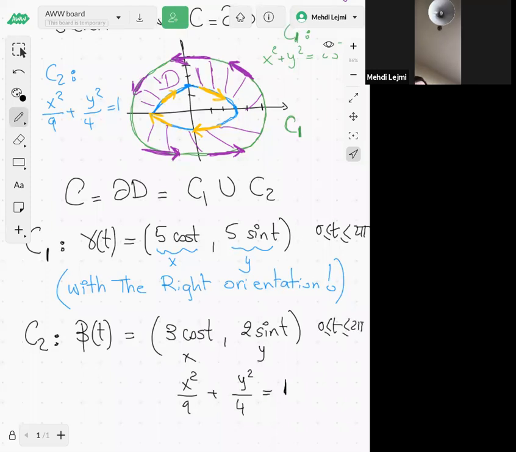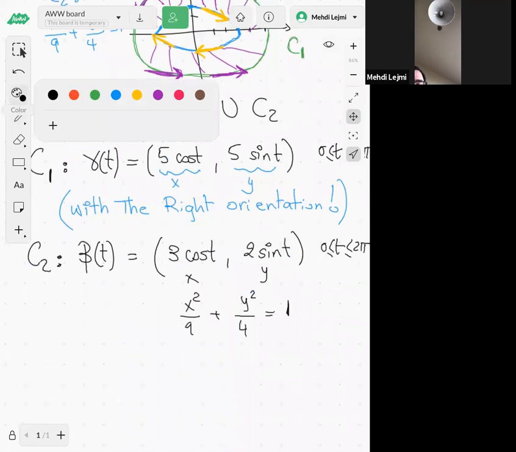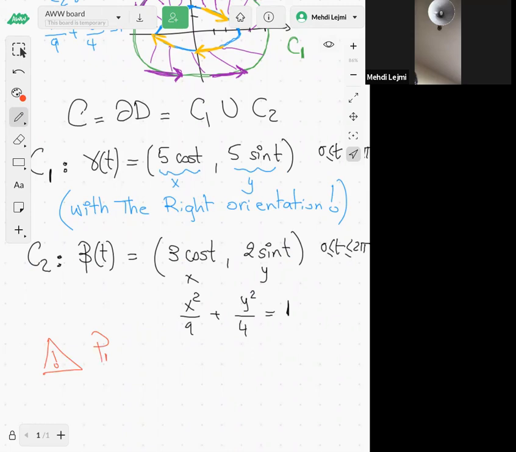But here there is a problem with the orientation, so you have to be careful. This gives you the counterclockwise orientation, and that's not the orientation required by Green's theorem.